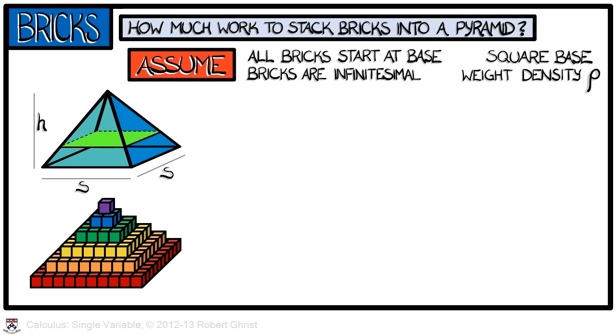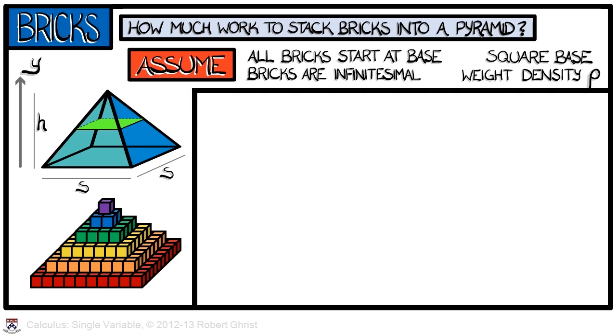Then, in this case, modeling our pyramid by some smooth object, let's say of side length s at the bottom and of height h, we'll set up a coordinate system where y is the distance from the bottom. Then the work element is the weight of a slice through the pyramid at height y times y, the distance that you have to raise the level of the bricks.